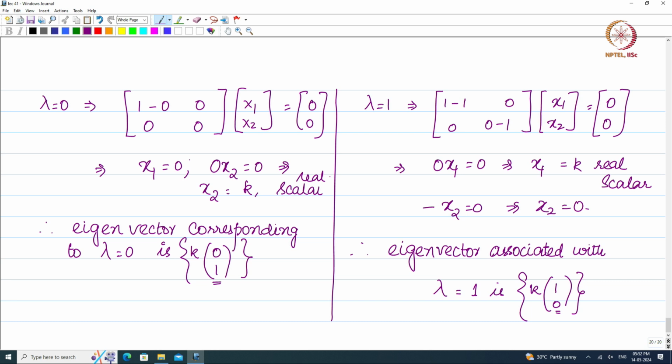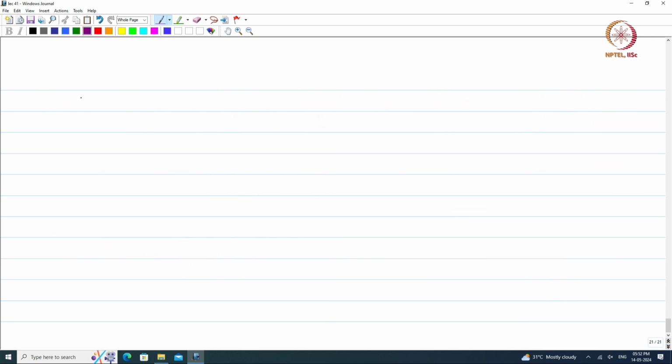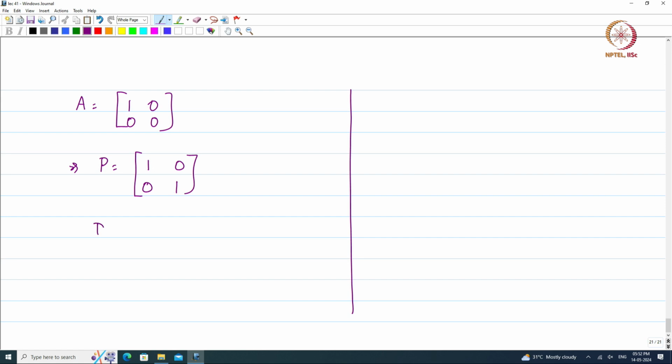And we see the matrix is already diagonalized, you have a diagonal form of this matrix. So, it is interesting to see that A is equal to 1 0 0 0. Here for this matrix, the matrix populated with the eigenvectors, the P matrix, is basically 1 0 0 1. The diagonal matrix is 1 0 0 0.